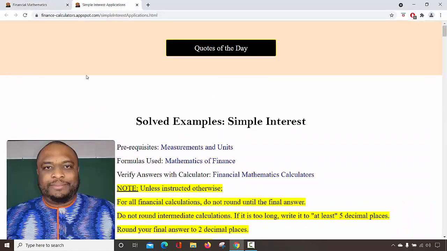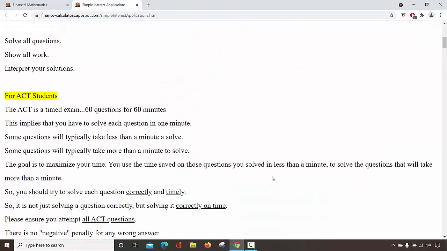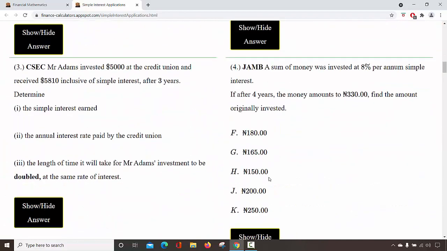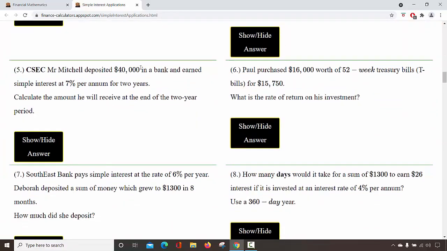For simple interest, we are going to do question 5. Later you can look at these examples. Mr. Michel deposited $40,000 in a bank and earned simple interest at 7% per annum for 2 years. Calculate the amount he will receive at the end of the 2-year period.